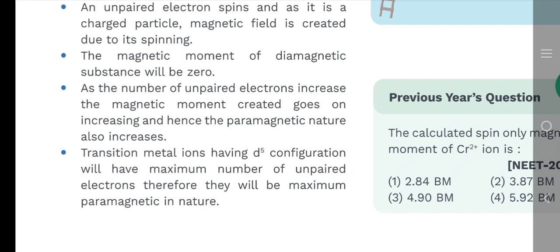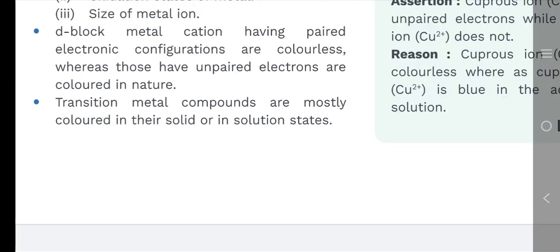The magnetic moment of a diamagnetic substance will be zero. As the number of unpaired electrons increases, the magnetic moment created goes on increasing and hence the paramagnetic nature also increases. Transition metal ions having d5 configuration will have the maximum number of unpaired electrons, therefore they will be maximum paramagnetic in nature.